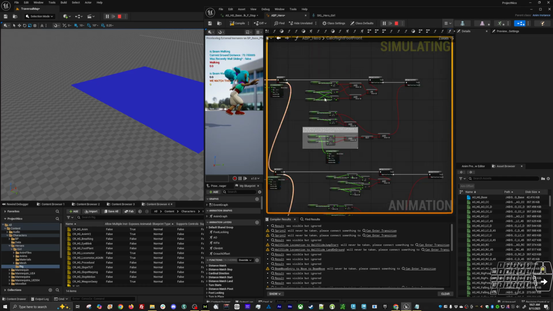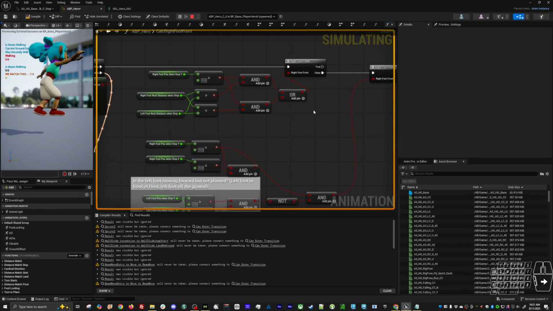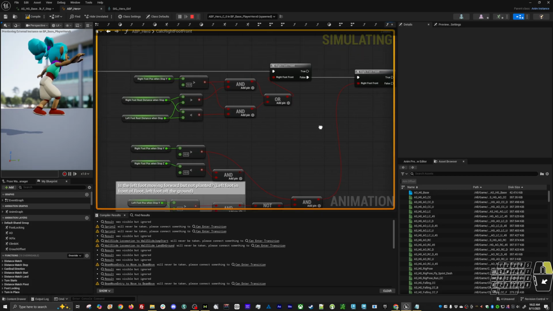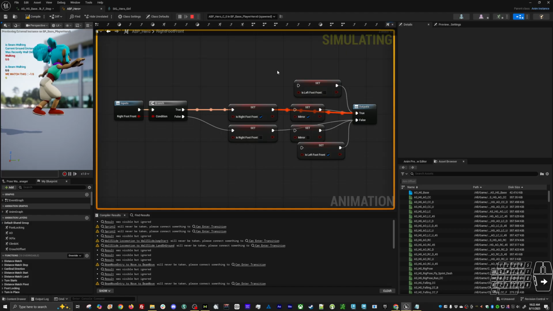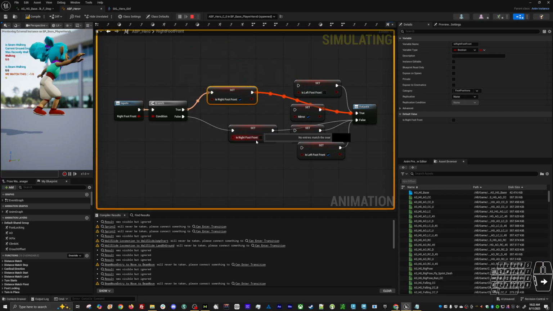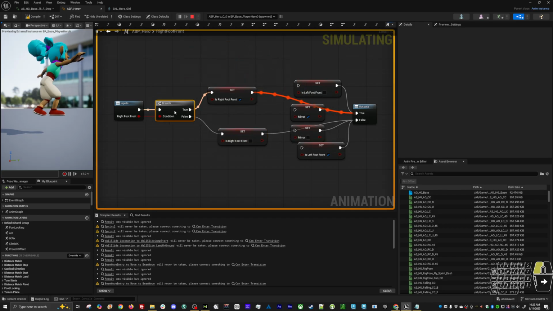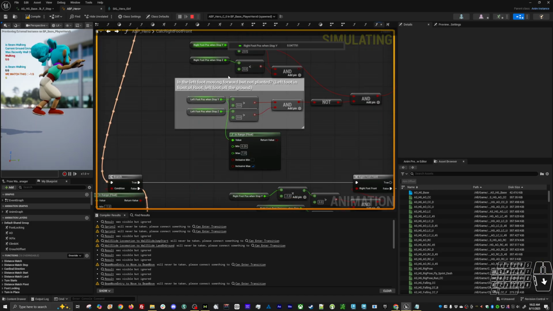So depending on if we're moving, oh, this is more than I thought. Okay. It's like I said, it's been a bit. Right foot front. This is also a pretty simple. First off, let's come here.